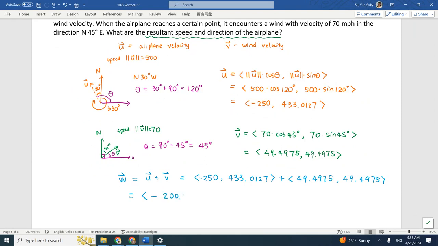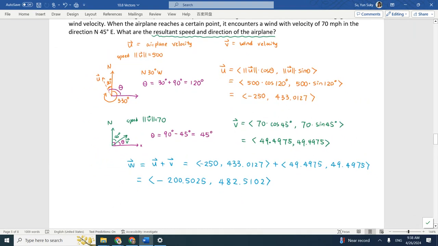Minus 200.5025, thank you. How about the y component? 400 and then 82 point. Thank you. Okay, everybody? So this is the resultant velocity.